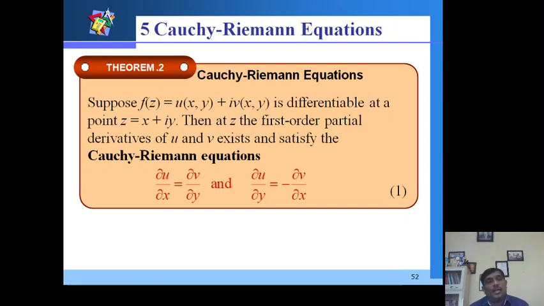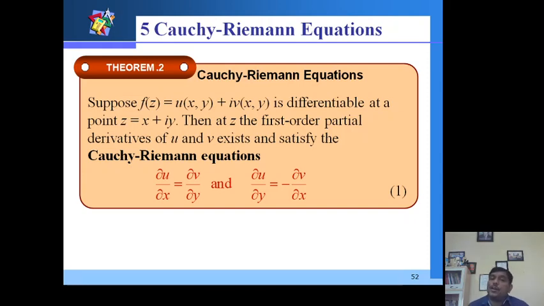In this way, two mathematicians derived one of the important results, known as the Cauchy-Riemann equations in analyticity. Instead of checking differentiability at each and every point, we can use the Cauchy-Riemann equations to solve for analytic functions.